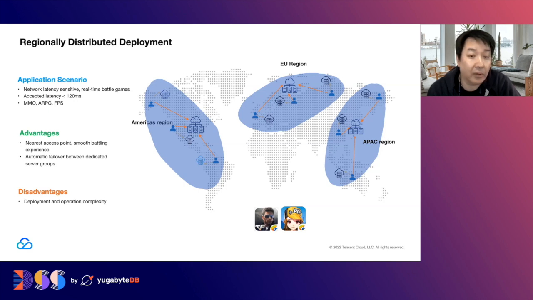For example, these are MMO games, ARPG games, and first-person shooter games. The advantages are that it allows for the nearest access point with a smooth battling experience. It also has automatic failover between dedicated server groups. The disadvantage is that you have deployment and operations complexity, basically.